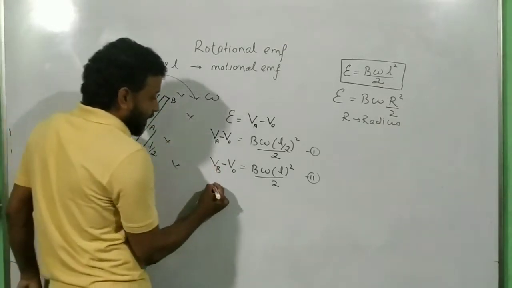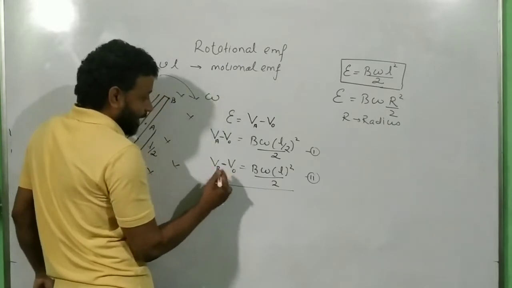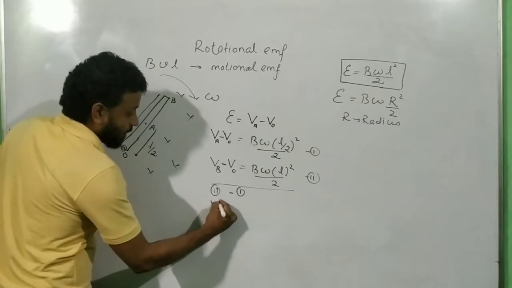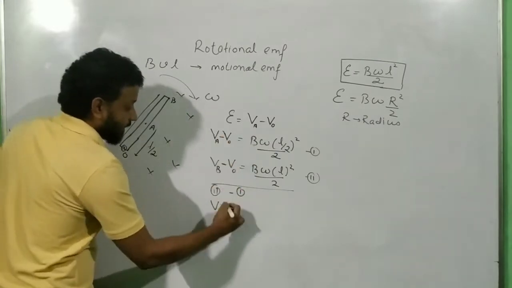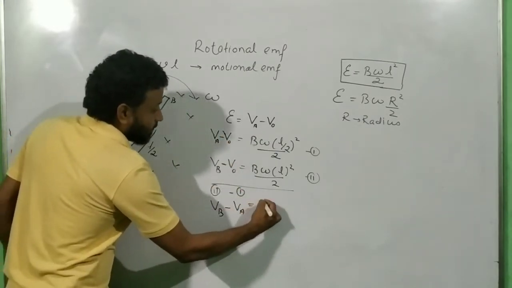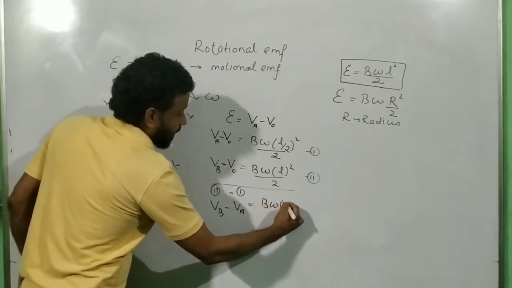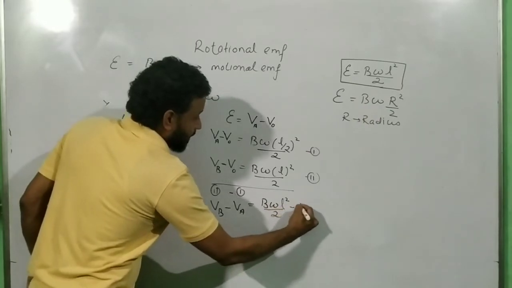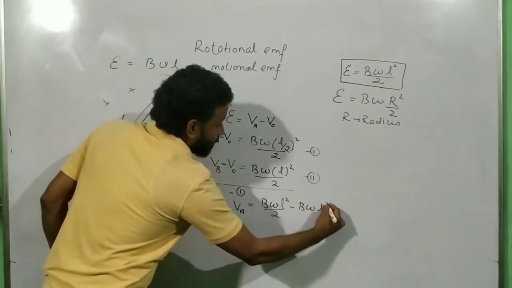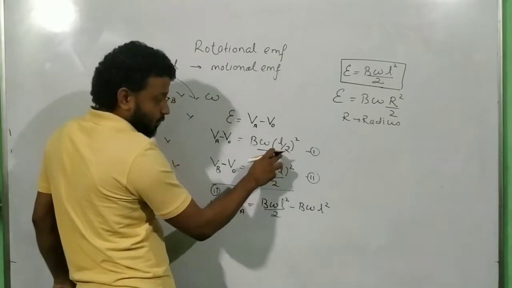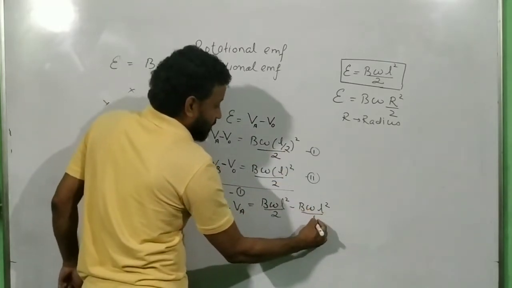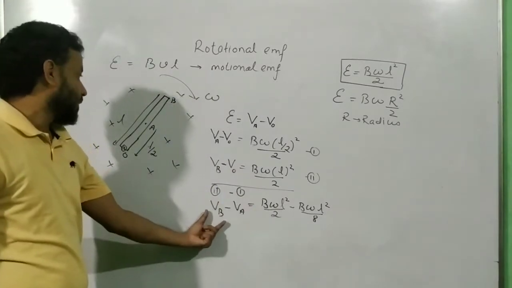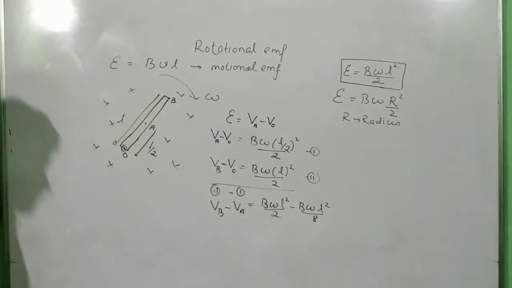I can find VB minus VA by subtracting 2 minus 1, and VO will get cancelled out. VB minus VA will be equal to B omega L square by 2 minus B omega L square by 8. Then we can simplify that further and find the value of VB minus VA. Alright?